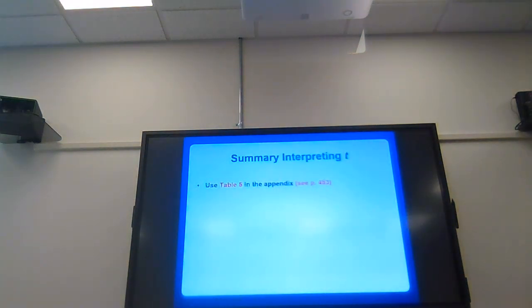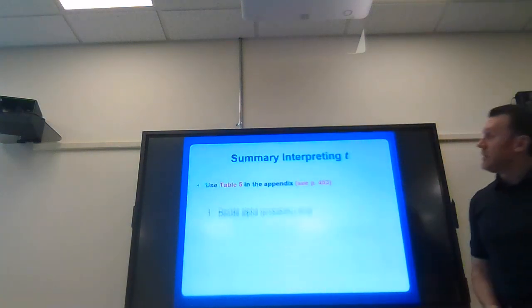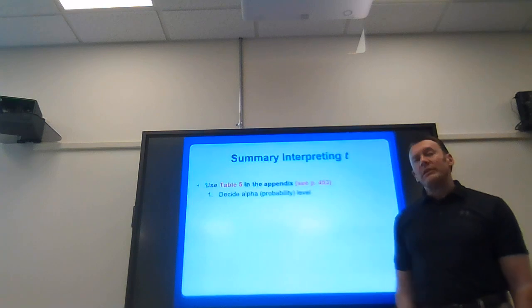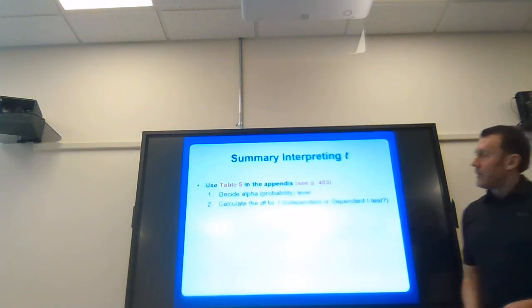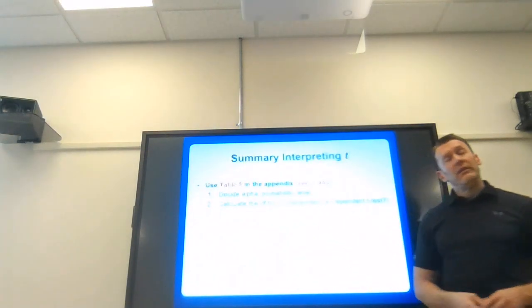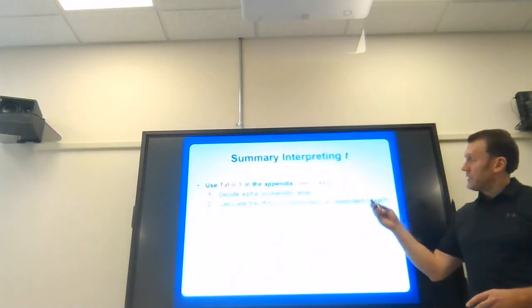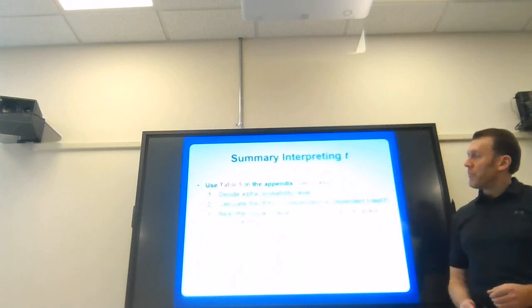All right, so in summary, you want to use Table 5, so you have that in hand. Decide on the probability level, so usually 0.05. Calculate the degrees of freedom. Okay, so that's going to be different for an independent versus a dependent t-test. Still use Table 5 for both.